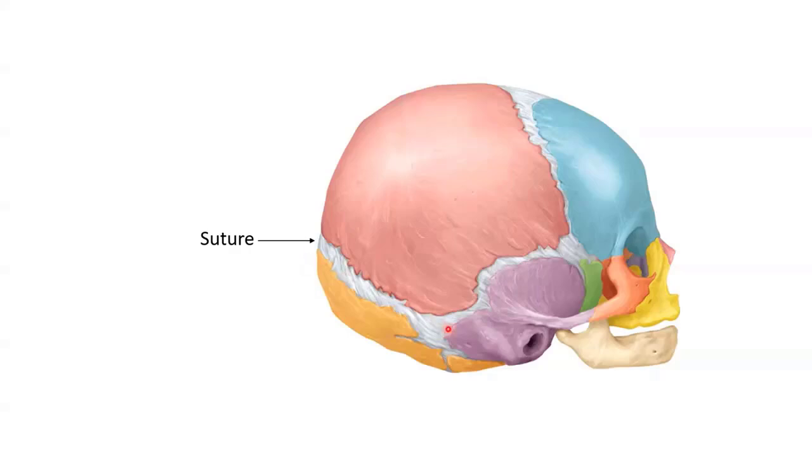And although each specific suture has a specific name, for example, our coronal suture unites our frontal and our parietal bones, and our sagittal suture, which runs along here, holds our two parietal bones together, for the purpose of this unit, you can simply refer to each of them as a suture.